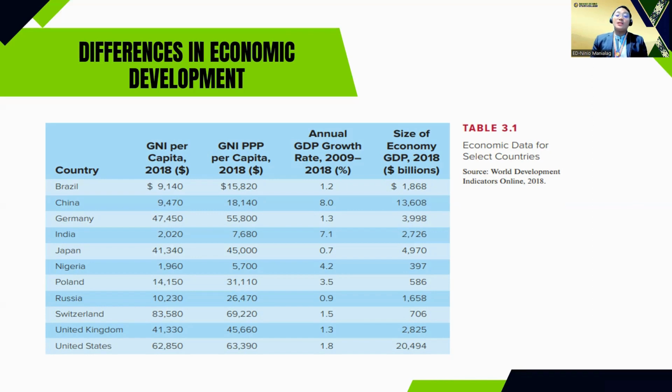Now, this Table 3.1 offers economic data for a selection of countries, highlighting differences in GNI per capita, adjusting for purchasing power, growth rates, and overall economy size. So Brazil, as you can see, shows GNI per capita of 9,140, which adjusts to $15,820 with PPP, indicating a lower cost of living or greater local purchasing power.